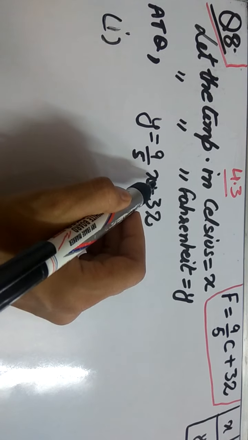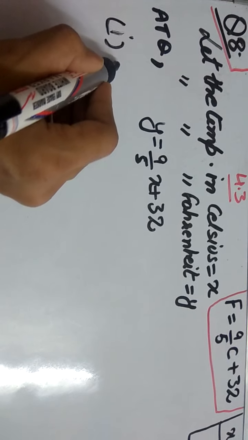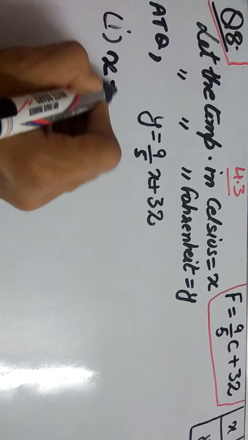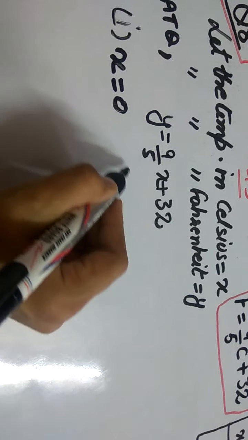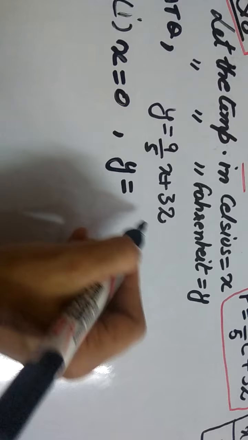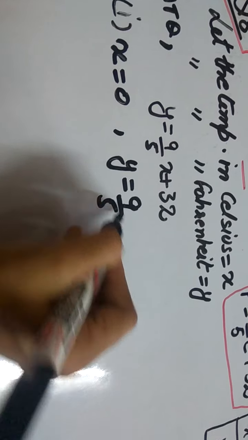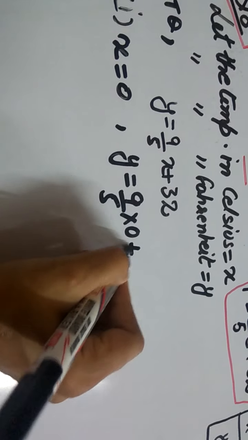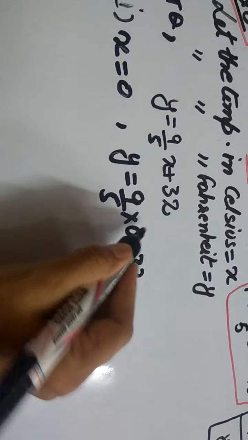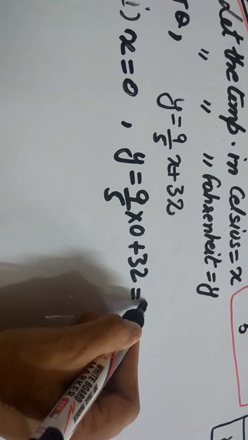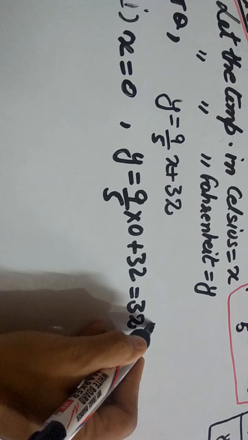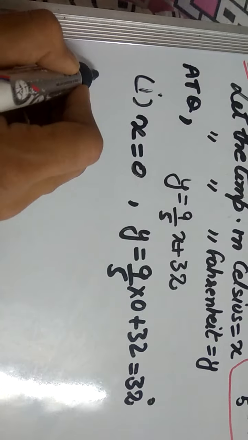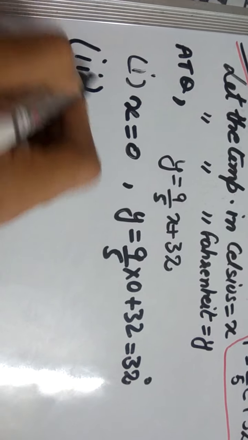So in the very beginning, let us take x is equal to 0. So when x is equal to 0, let us see what is y. 0 multiplied by anything is 0. We're left with only 32 degrees.